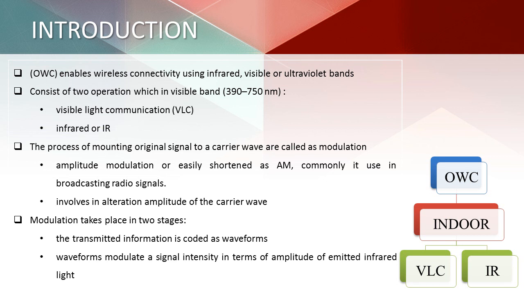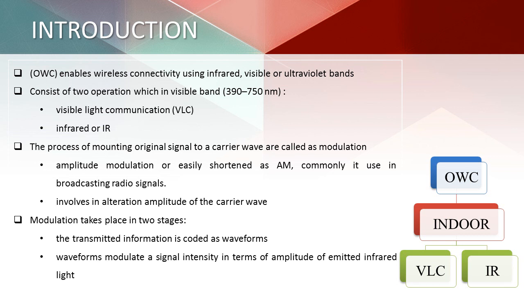OWC systems operate in VLC systems with light-emitting diodes, LEDs, which can be pulsed at very high speed without noticeable effect on the lighting output and human eyes. The process of mounting an original signal onto a carrier wave is called modulation. Amplitude modulation, or AM for short, is commonly used in broadcasting radio signals.